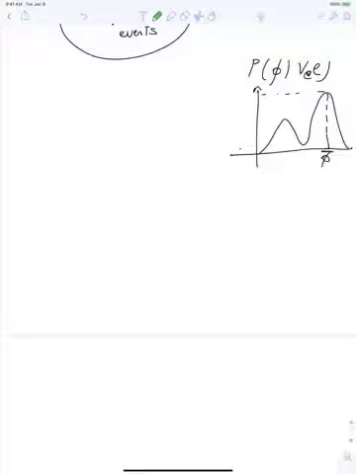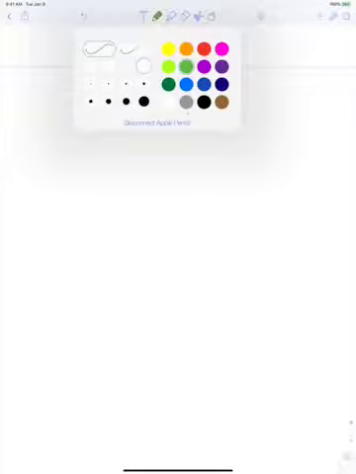So let's say that we have a bunch of data that we measure, for example, in an oil and gas reservoir or an aquifer.